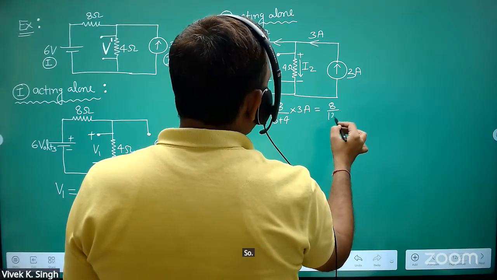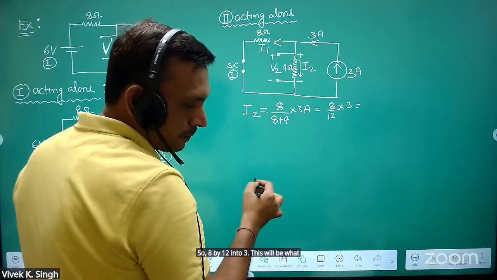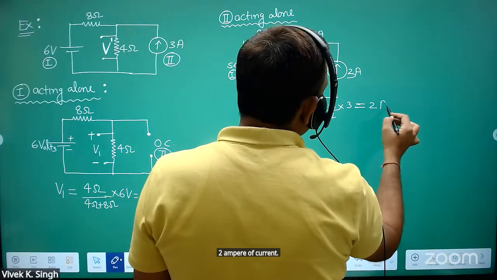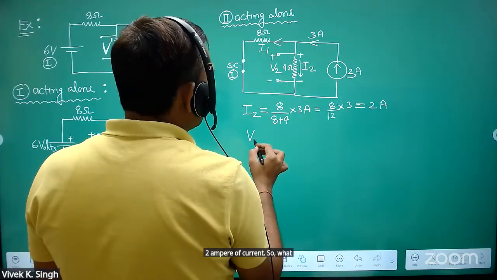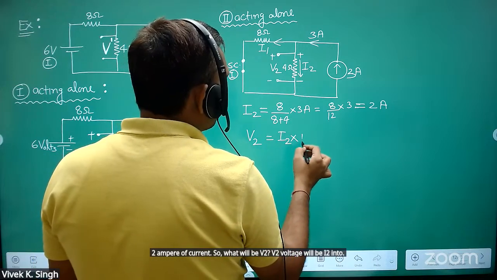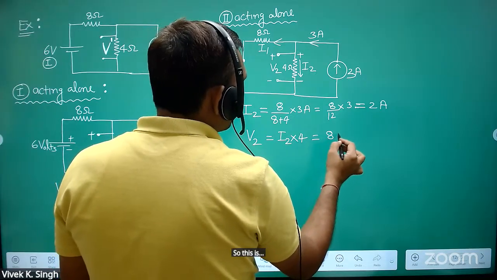So 8 by 12 into 3. This will be what? 2 ampere of current. So what will be V2? V2 voltage will be I2 into 4. So this is 8 volts.